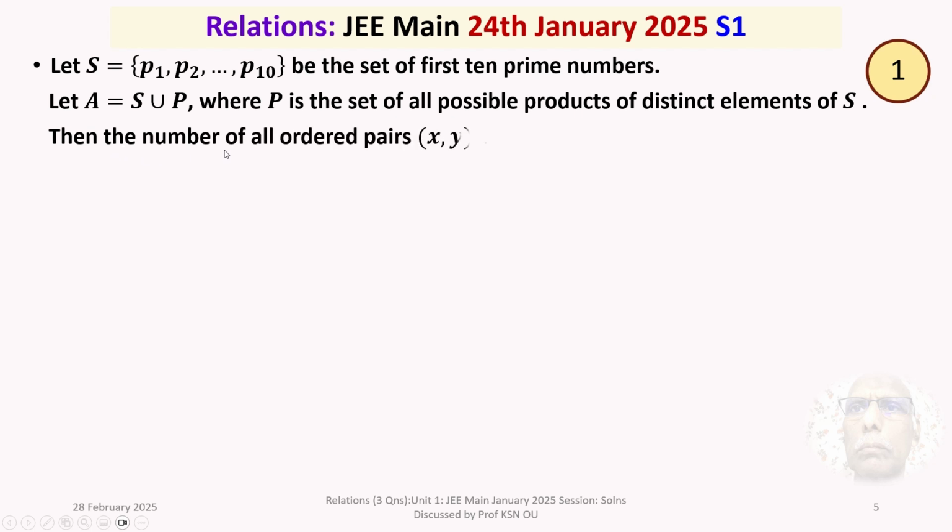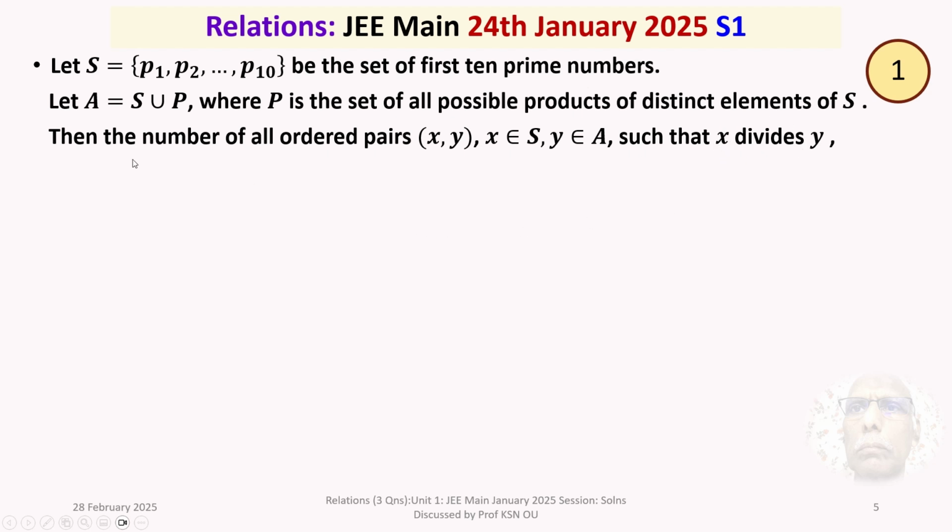Then, the number of all ordered pairs x comma y, x belongs to S and y belongs to A, such that x divides y. Here the catch is x divides y.